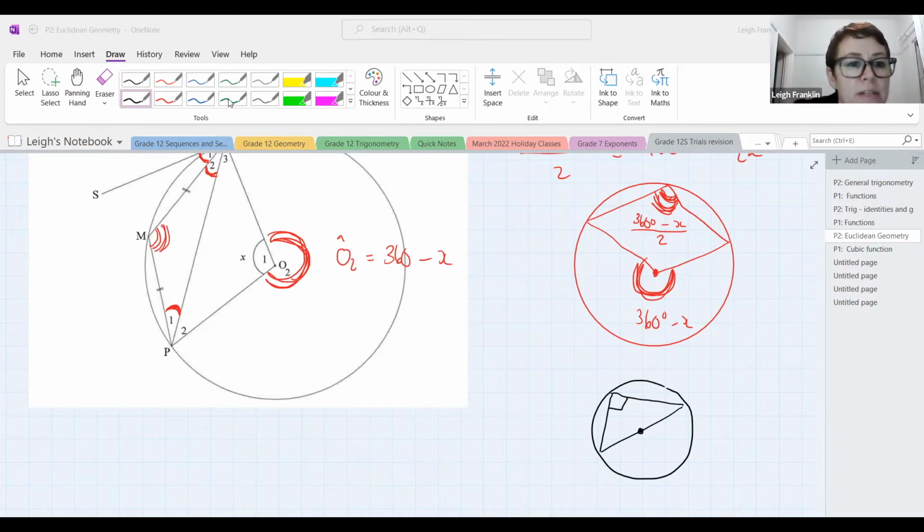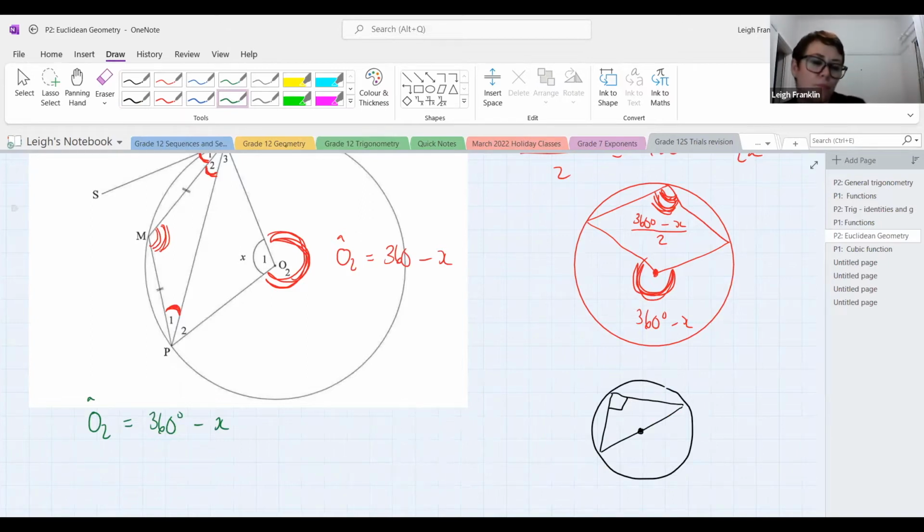All right, so the first thing that we want to declare is that angle O2 is equal to 360 minus x. What is our reason for that? Why is O2 360 minus x? What's the reason there? Revolution, quite right. Angles around a point, or revolution. Good job. Excellent.